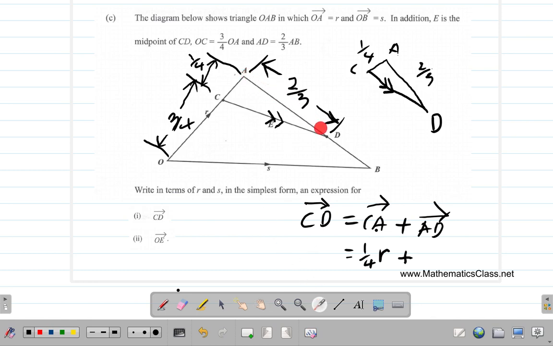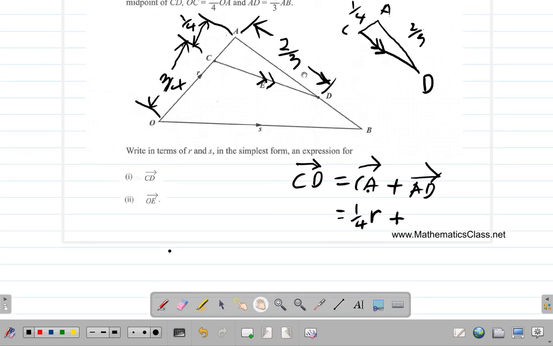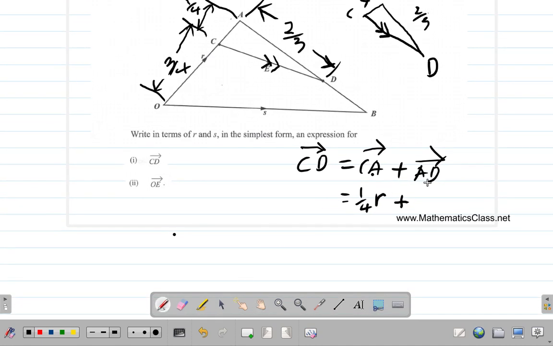From A to D is 2/3 the way from A to B. So we can write AD is 2/3 AB.